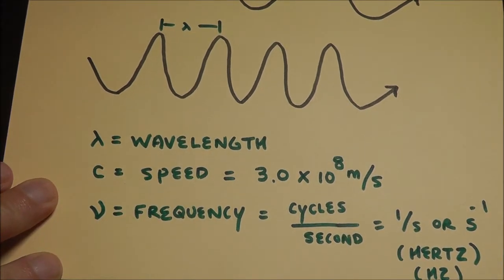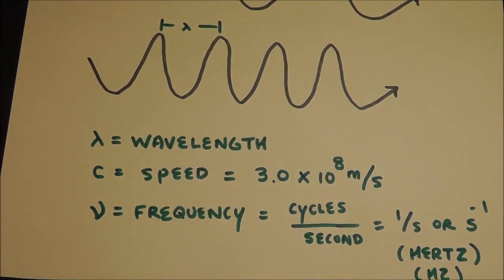I won't call it a hertz because that makes you have to remember what a hertz is. And so the kind of anti-memory thing that I like to do is to just call it an inverse second. Nothing against hertz, but there are too many things named after people where we really are just naming something an inverse second. So all of these three things are properties of electromagnetic radiation.